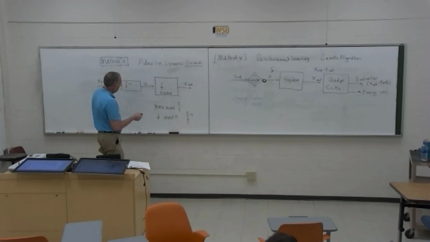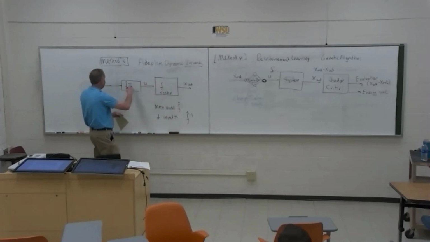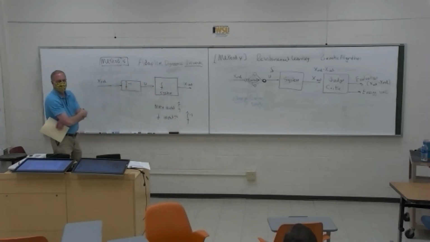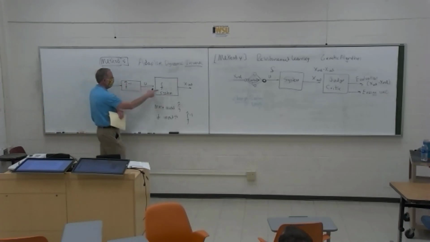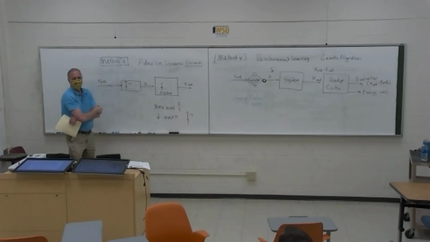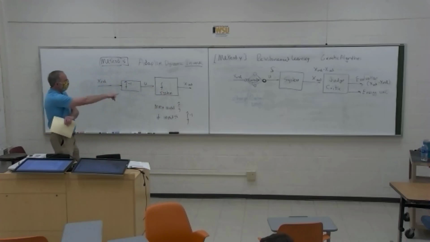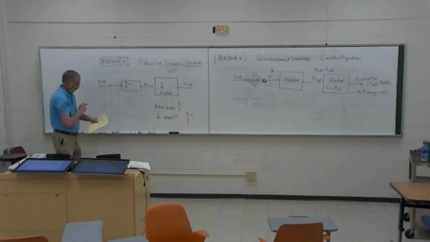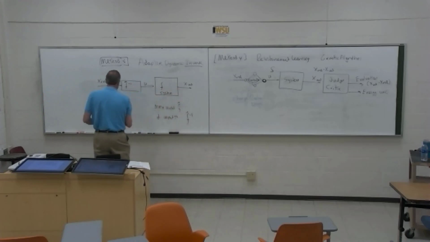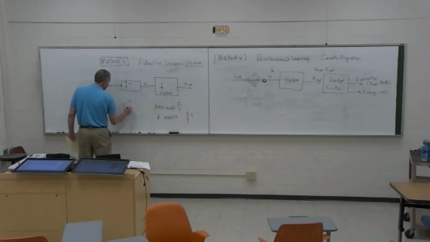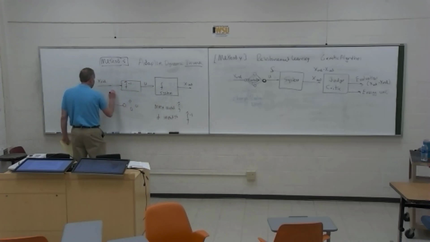Because the inverse simply flips this function to give me what I want. But if f hat is not a perfect inverse, it doesn't match this, because our model is not exactly matching. There's some modeling error, maybe there's some noise in the system, maybe there's wear and tear we don't know about. Then we're not going to get the perfect output here. And so what you do is you put in a neural net to add in a correction factor.